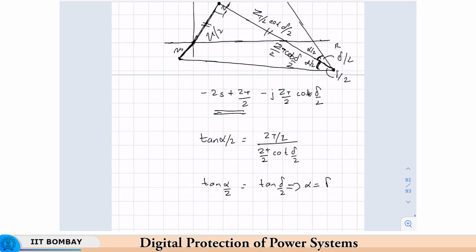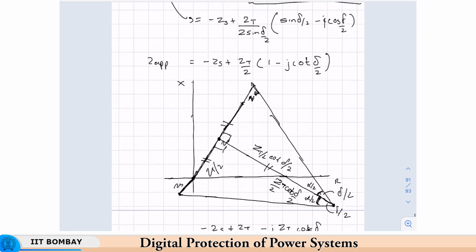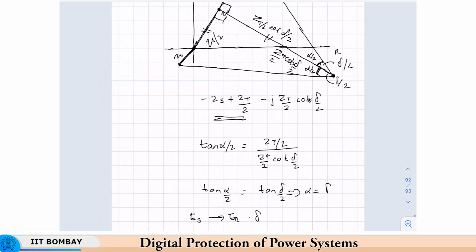If you remember, the angle between ES and ER is delta, because ES was ES angle delta and ER was ER angle 0.